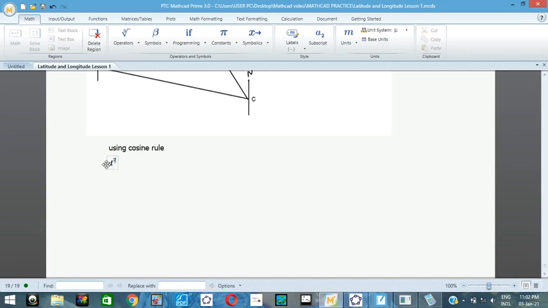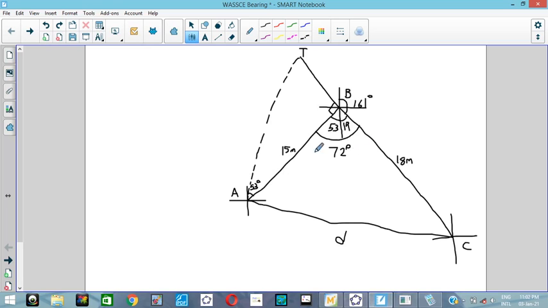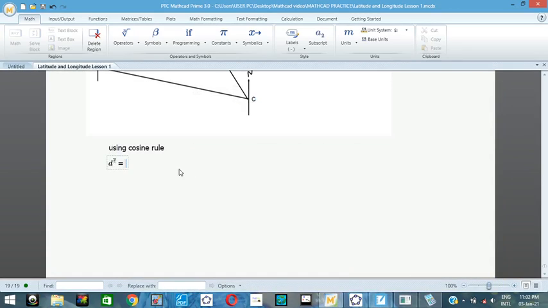So D square is going to be equal to, then remember the rules as I said in our previous video. So D, this length you are looking for, is facing this angle, so you need to square this length. So D square is equal to 15 square plus 18 square minus 2 times 15 times 18 times cosine of this angle facing D. That is what cosine rule is talking about.